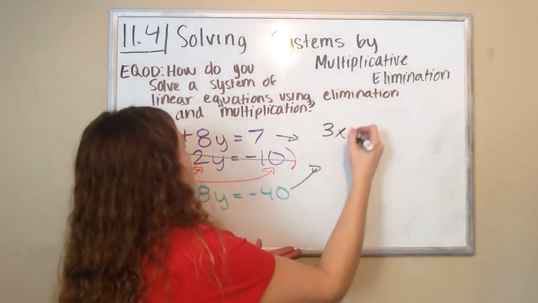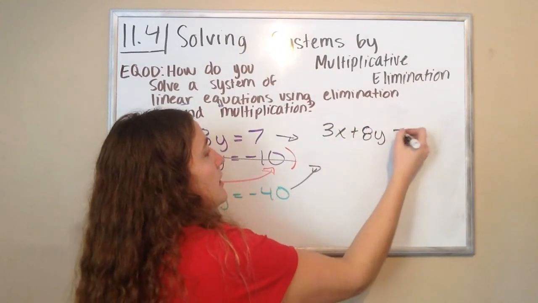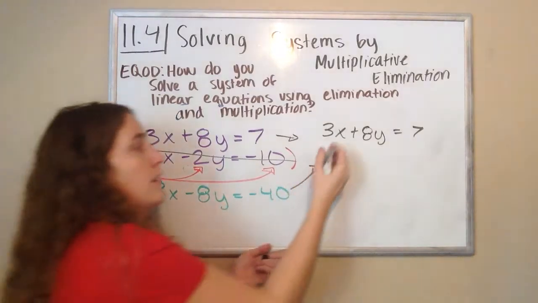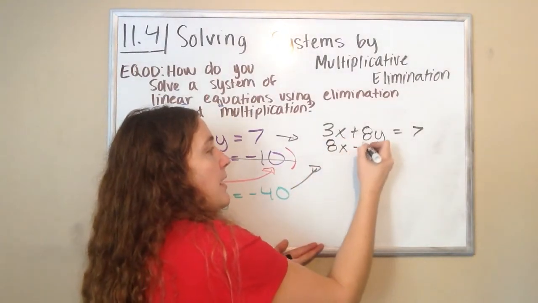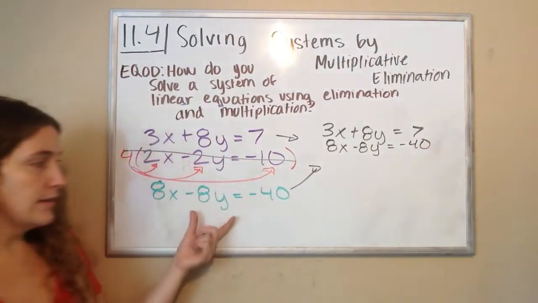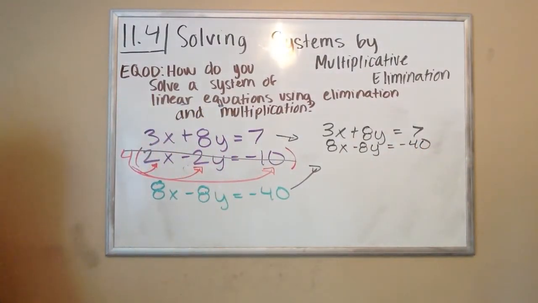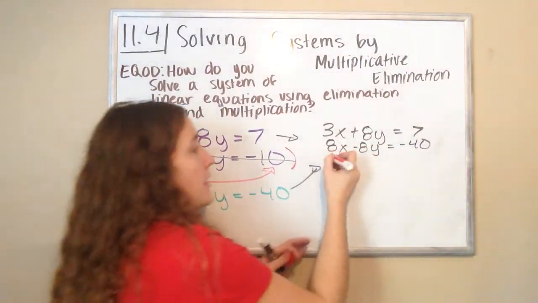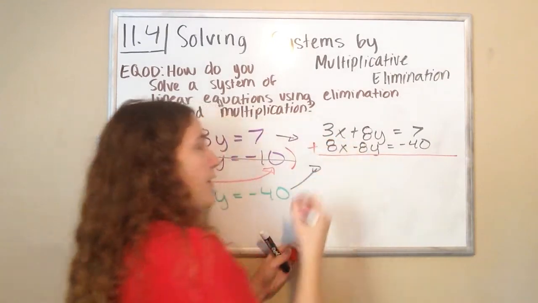So 3x plus 8y equals 7. That was our first equation, we're just carrying it over. And this one down here, 8x minus 8y equals negative 40. That's our equation from down here. Well, notice now that our 8 and our negative 8 are opposite. So let's just go ahead and add these two together.